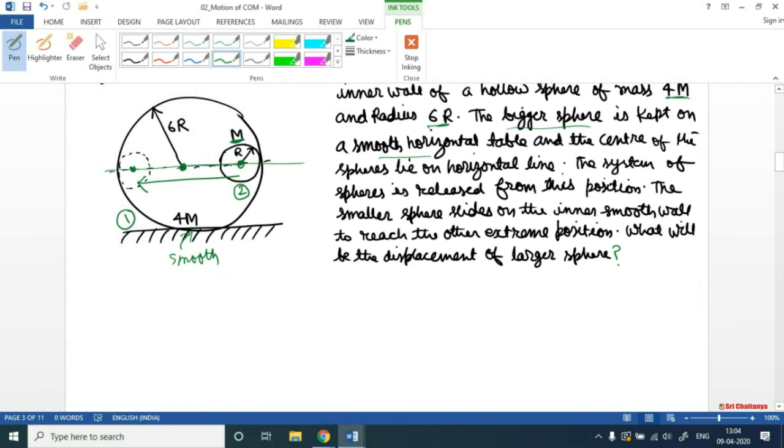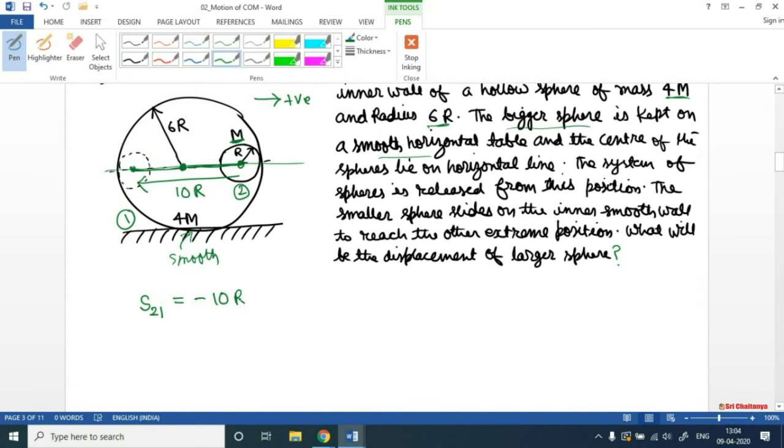So this distance from here to here is 5r, and this would be 5r as well. So this is going to be 10r. So we will write the displacement of 2 with respect to 1, and let's take this direction as positive. The displacement here is negative, so we can write minus 10r.